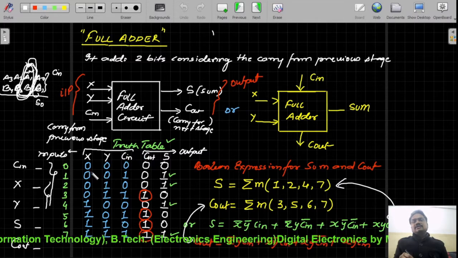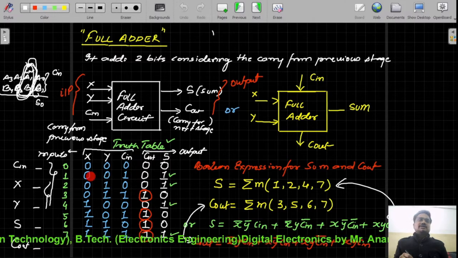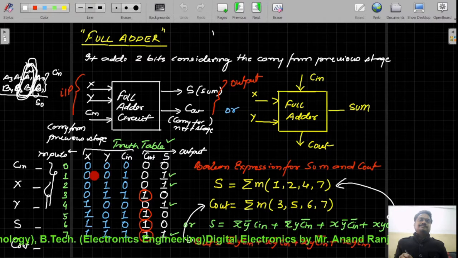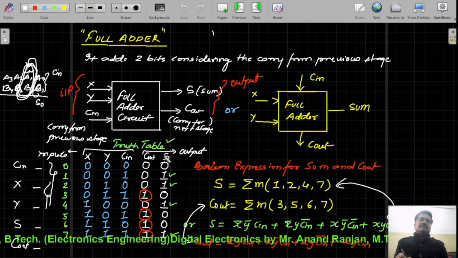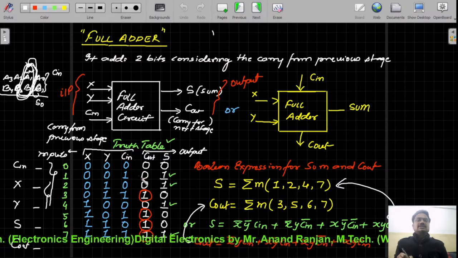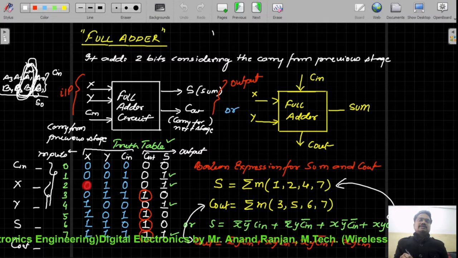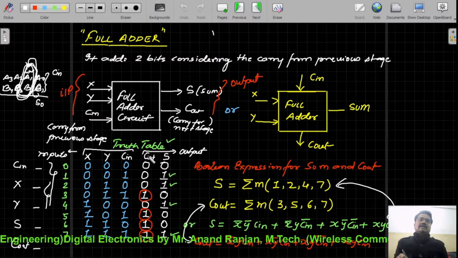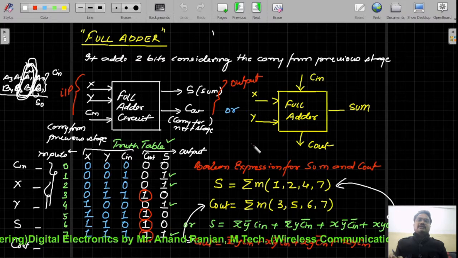Similarly, in the second row, we assume the inputs are 0 0. If we add inputs 0 0 with previous carry input 1, then the sum will be 1 but no carry will be generated. In a similar fashion, we write the whole operation of these bits with and without previous carry, so that we have the C out column and the sum column in this way.